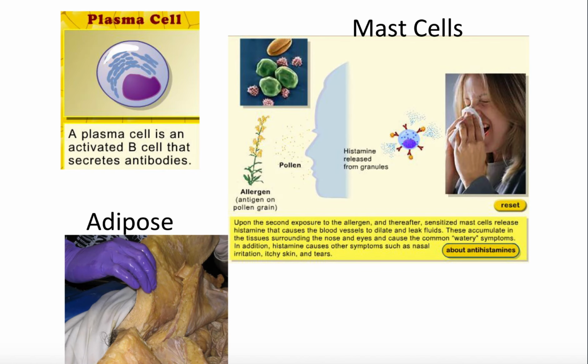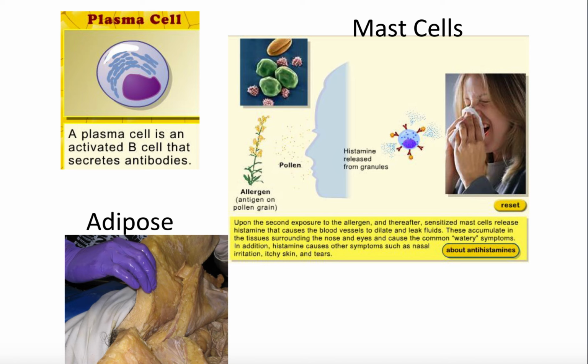Okay, a mast cell and plasma cell are special types of white blood cells, so I'm just going to preview it. But for those of you curious, if you have allergies, that's because you have potentially overactive mast cells, which help create the histamines that make you have inflammation. So that's why you take an antihistamine to reduce allergy reactions. Plasma cells make antibodies.